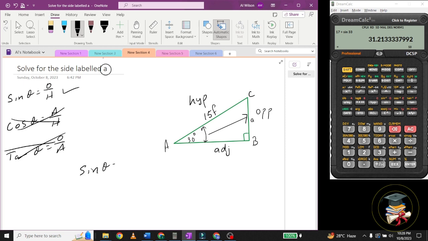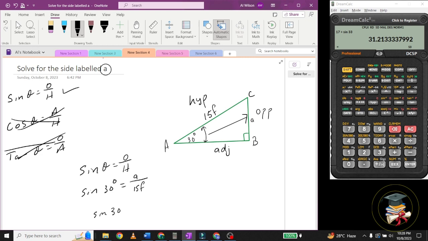So sine theta, opposite over hypotenuse: sine of 30 degrees is equal to our opposite, in this case the letter A, over our hypotenuse, which is 15 feet.